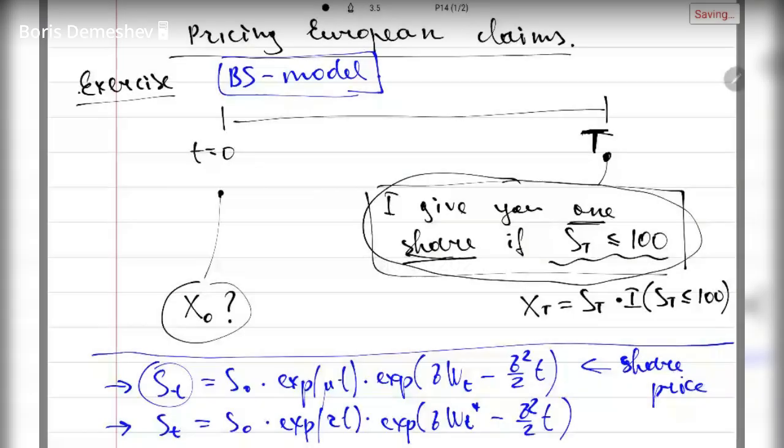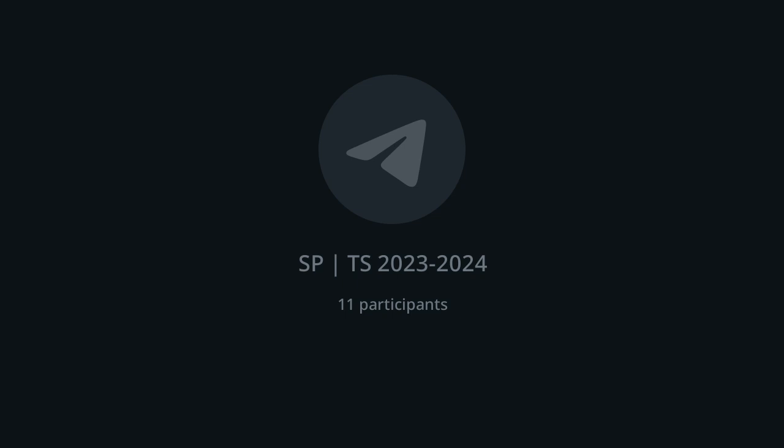Obviously, this promise has a price, because you either receive zero, or you receive a positive amount of money. So this is an asset that has a positive price. Let's imagine that you believe my promise.